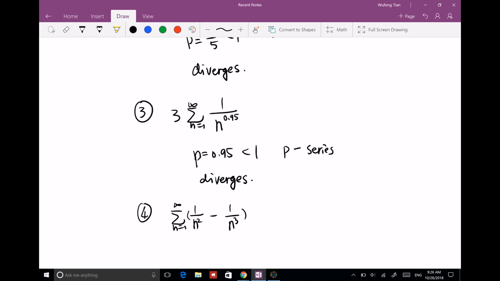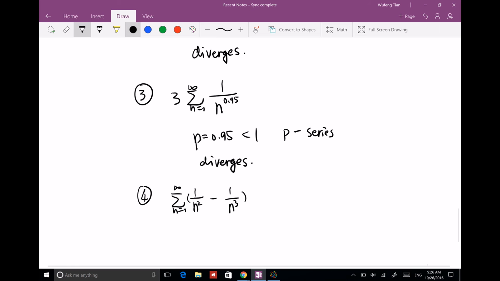Very good. Why do you think it converges? Because we get like 2 finite numbers, and if we subtract them, we're going to get a finite number. Very good. Since these 2 series will converge to a finite number, you have 2 finite numbers subtracted, it's still a finite number, so it converges.